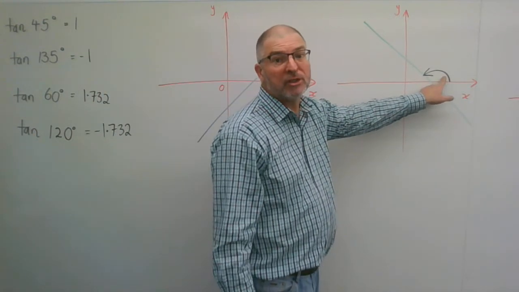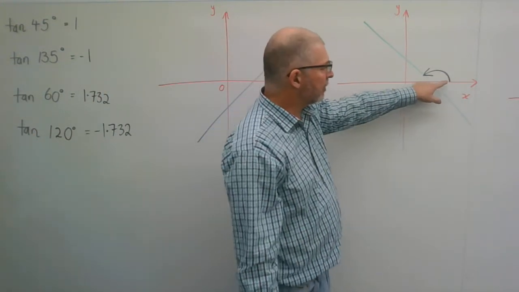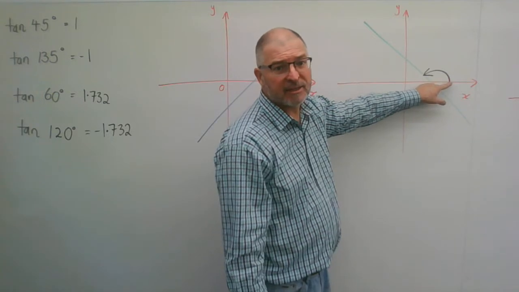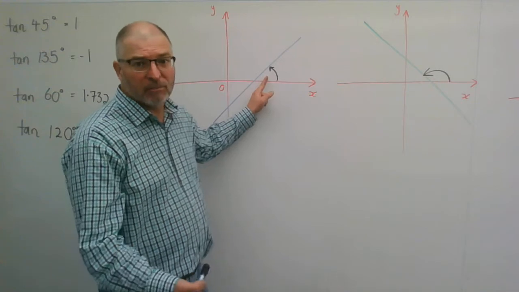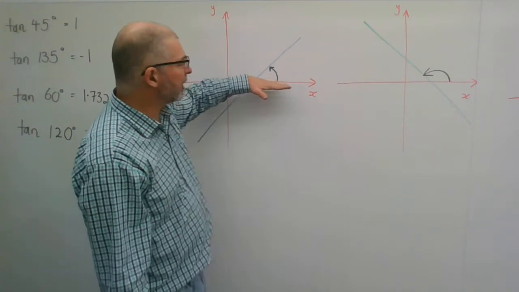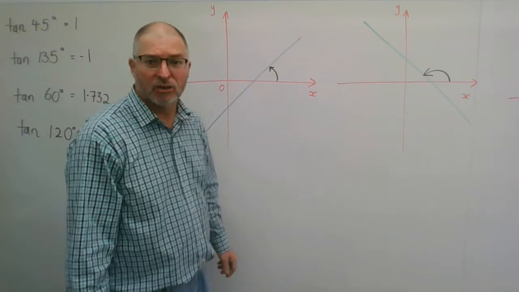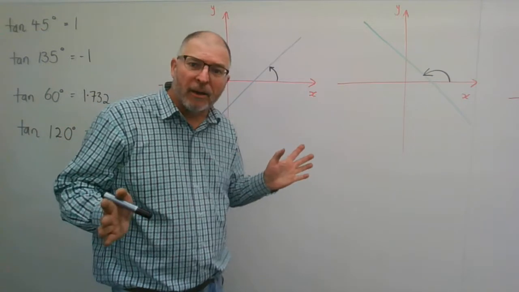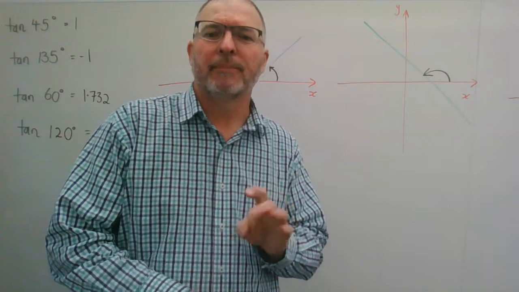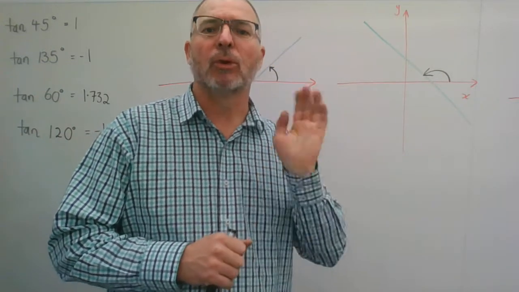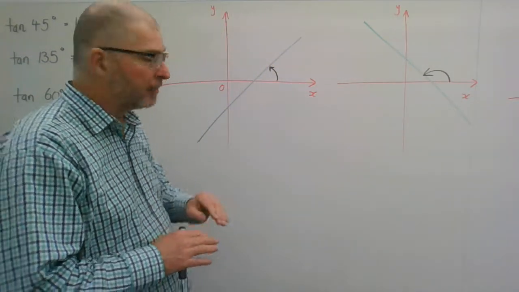That's an obtuse angle that's created from the positive direction of the x-axis around to the line. That's an acute angle that's created from the positive direction of the x-axis around to the line. You're only ever going to get an acute angle or an obtuse angle with a line, or else it'll be horizontal or vertical, and we'll leave that for another day.